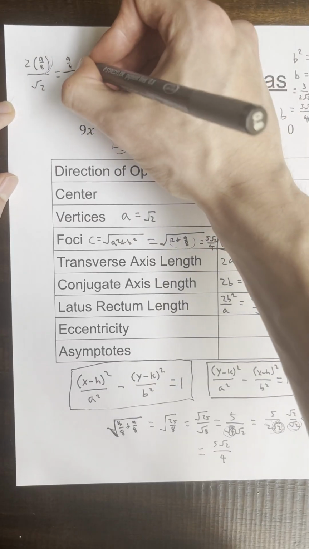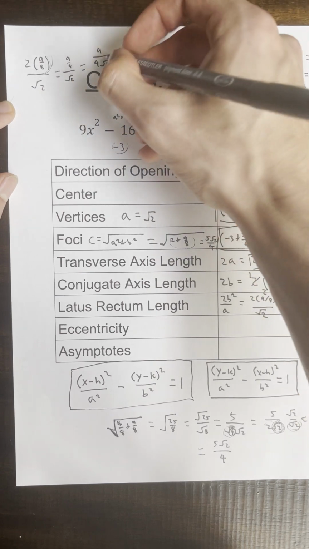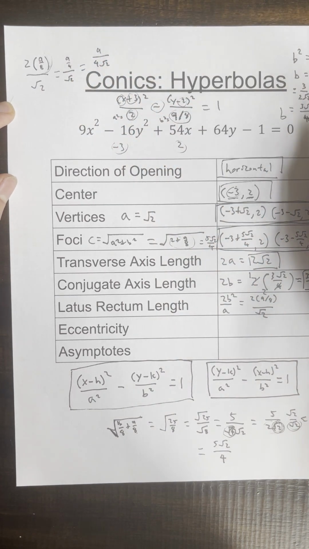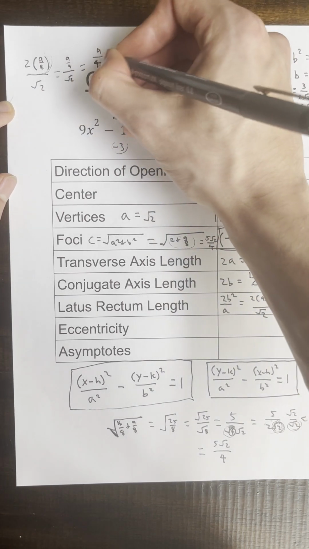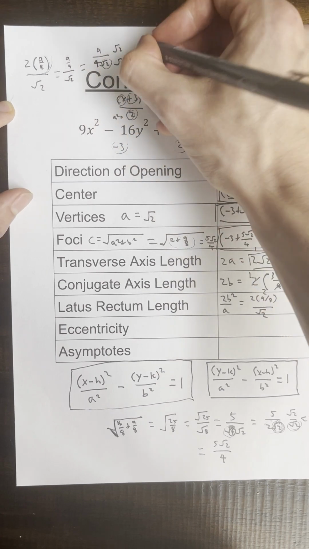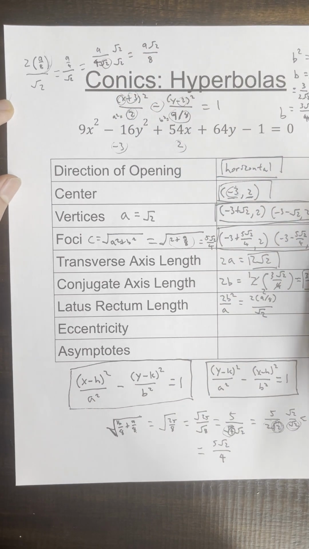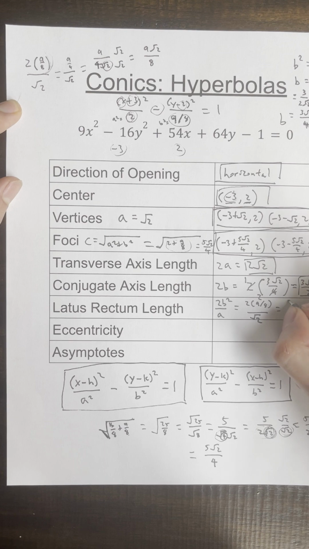So this is going to become 9 over 4 root 2. And how do we rationalize? We need to multiply the top and bottom by this. So it becomes 9 root 2 over 8. Okay, so that's what this simplifies to, 9 root 2 over 8.